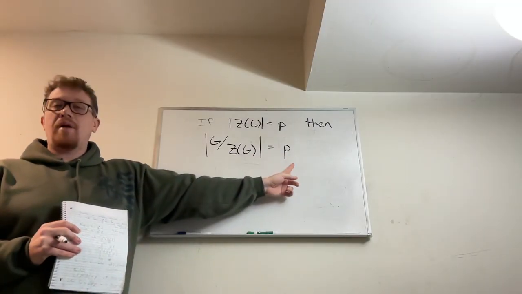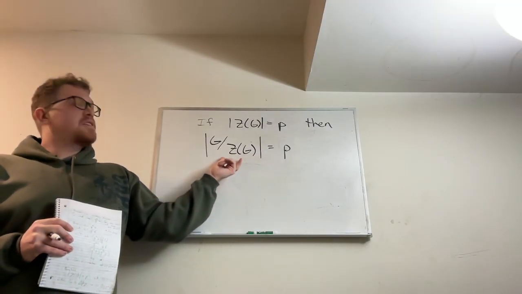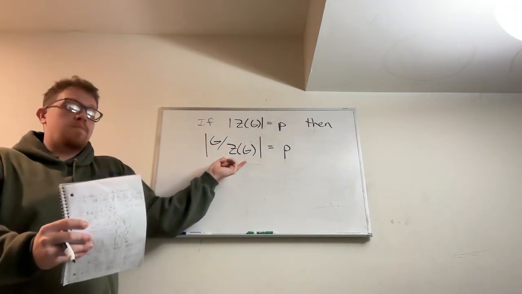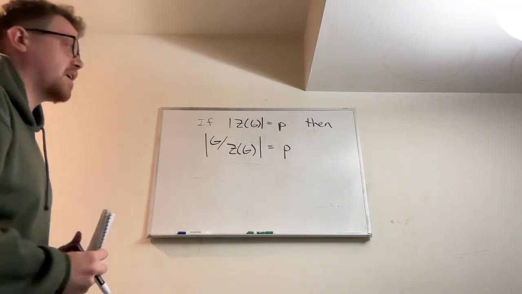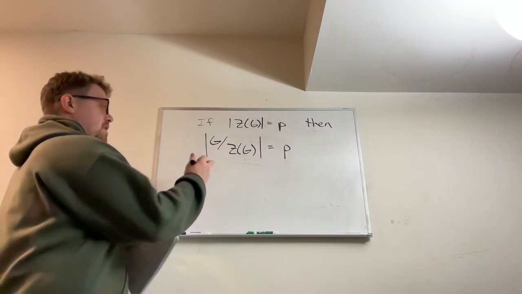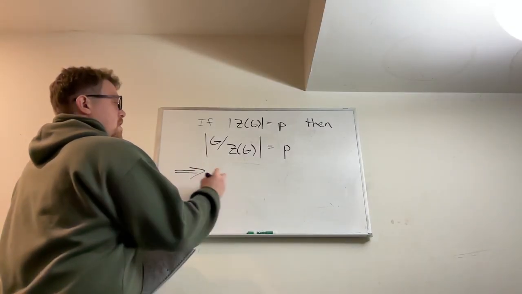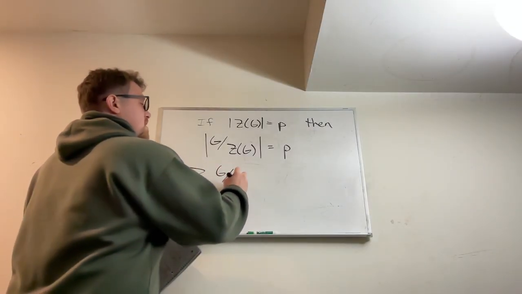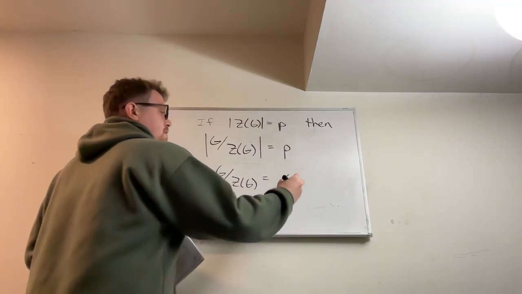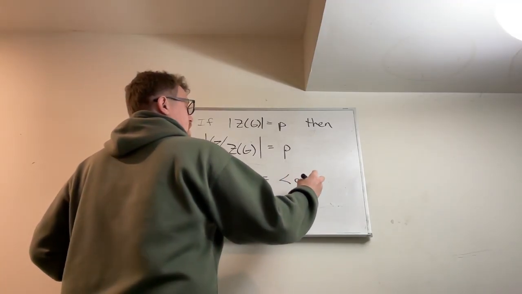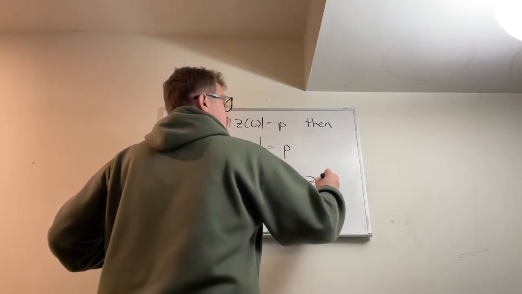It has order p, and therefore this set of left cosets forms a group, and that group is also cyclic and isomorphic to Z mod pZ, so it has a single generator. So that means that G mod the center of G is generated by a single coset, which we'll call little g times the center.